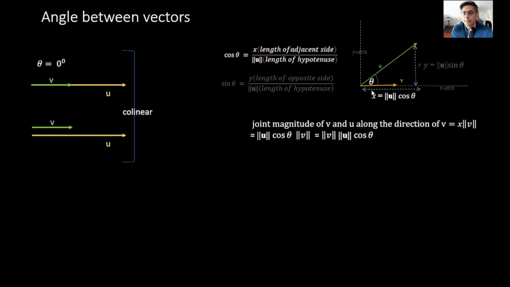Now we can say that if we have a perpendicular projection of u on v extended by some quantity, then the length of v multiplied by the length of u cos theta, which is this x, gives you some kind of joint magnitude, joint impact in this x direction of u and v, right?